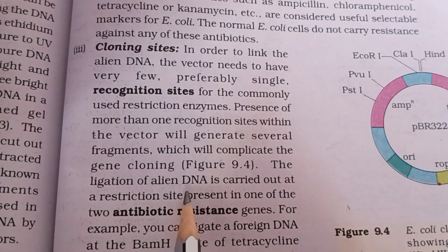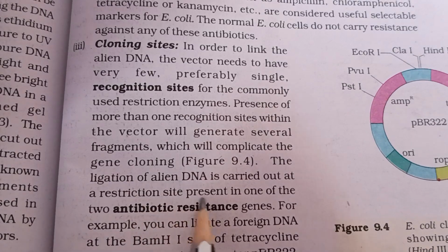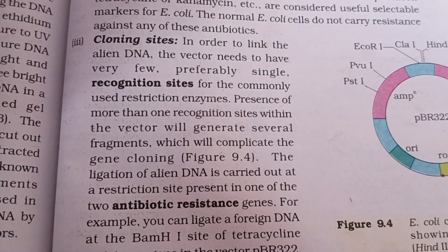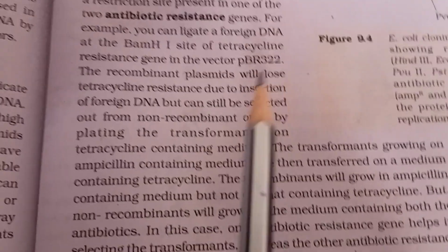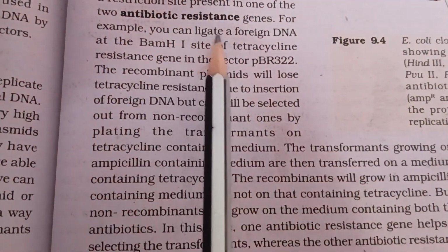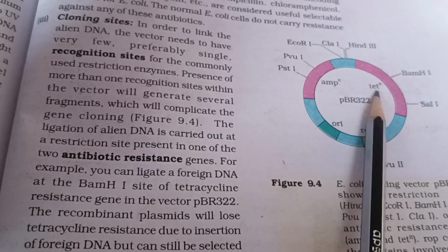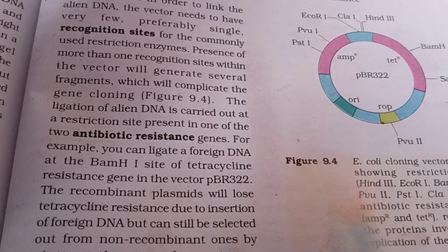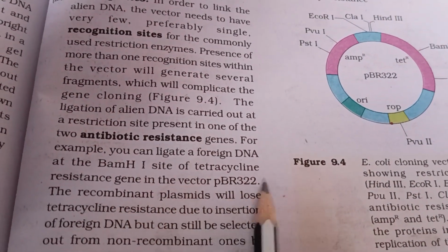The ligation of alien DNA is carried out at a restriction site present in one of the two antibiotic resistance genes. For example, you can ligate a foreign DNA at the BamHI site of the tetracycline resistance gene in the vector pBR322.